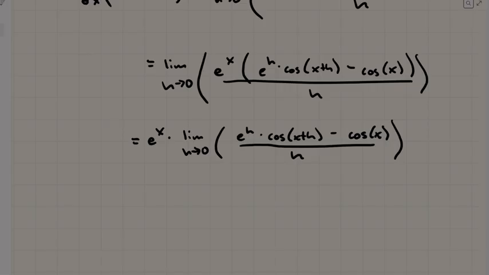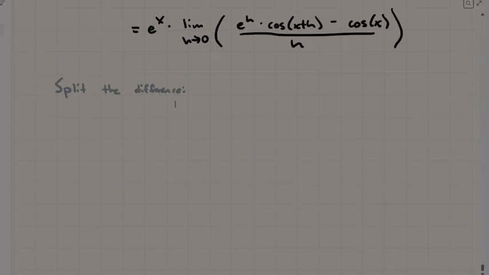We're going to have to do a little bit of a weird strategy here. It's called splitting the difference. It's just an algebra strategy so that we can evaluate this limit. But basically, we got the e to the x times the limit as h approaches 0. And now we got our e to the h times cosine x plus h.